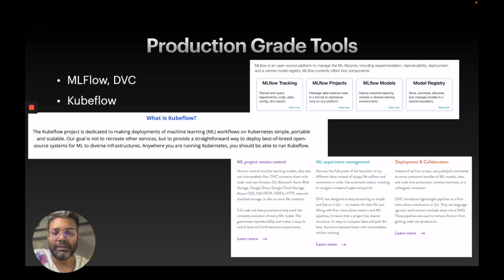So you can actually track each of your models. You can package your models in a project, and then the whole model itself you can deploy using MLflow. So you don't need a separate infrastructure to serve your models. And then of course there's a model registry that stores, annotates, and helps you discover what other models are available.